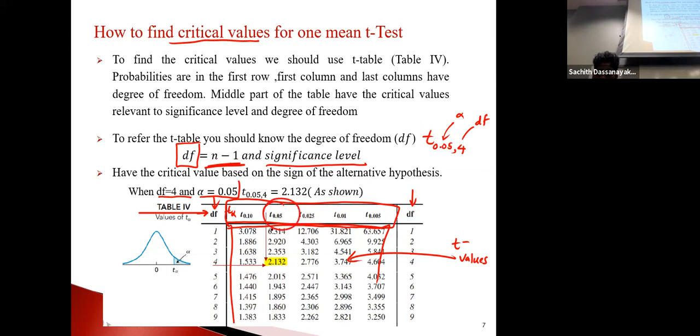It is here, see this column. Next, you have to find where this degrees of freedom is. It is 4, this one. So you can find this intersection point. This is your T 0.05 comma 4 value. It is 2.13. This is how we find it. Although it is T alpha over 2, doesn't matter, same process. Clear? Right.